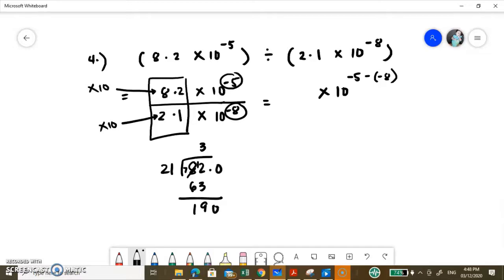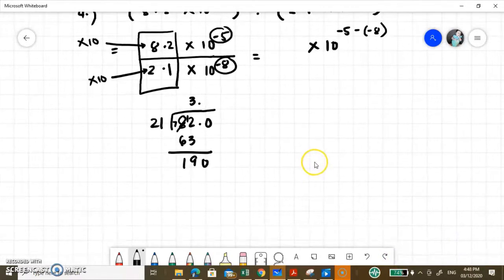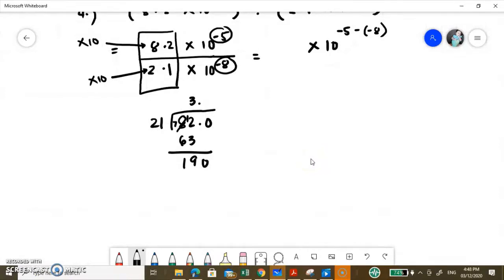Okay. Bring down 0. So, we have 190 divided by 21. Okay. If we would try 10, that would be 210. Diba? If we would try 9, that would be 9, 18. Okay. It's 189. Diba? Ayan 21 times 9. So, you have 1 here.